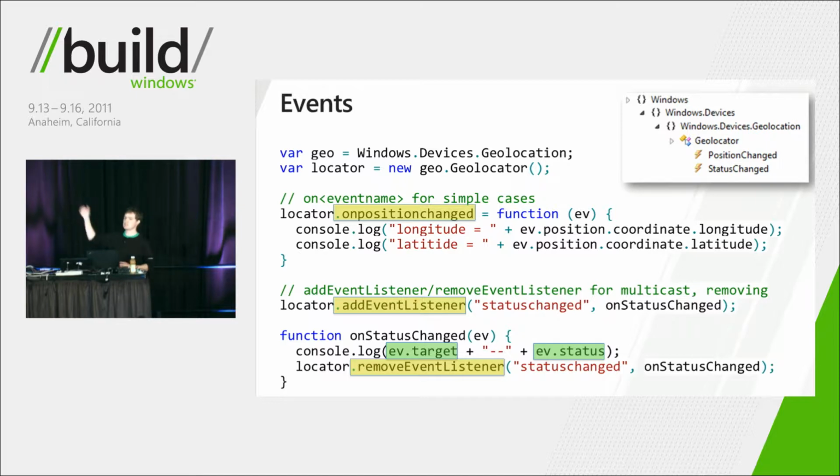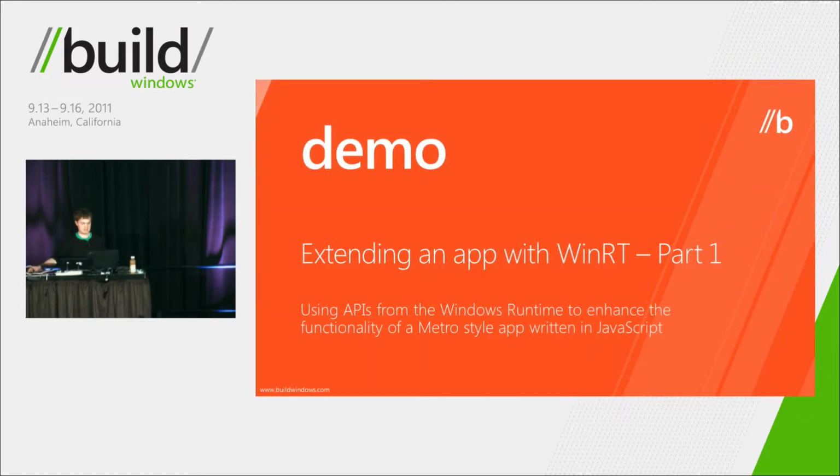In this case, we see ev.target is going to be the same as what you'd expect as a web developer. But in addition, any of the custom properties that are available from whatever particular Windows Runtime event is being processed are also available on the object as well. So in this case, the onStatusChanged event passes a status property, and so we have access to that information as well. This is exactly the same experience again that you would get with DOM APIs.